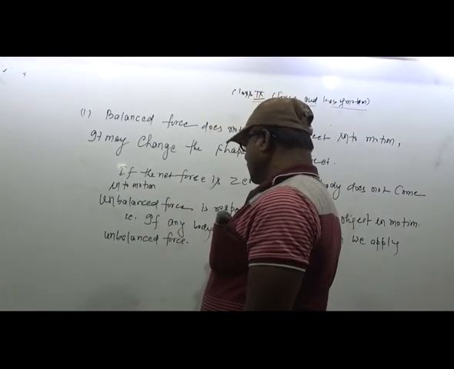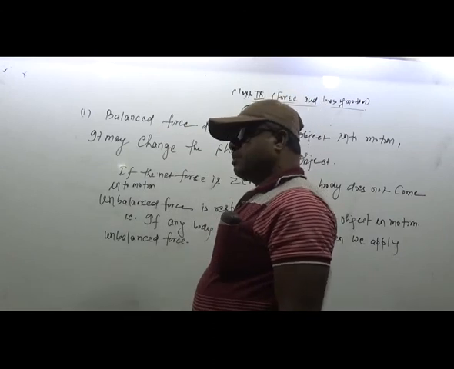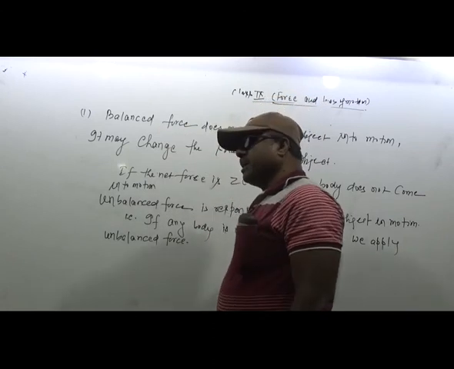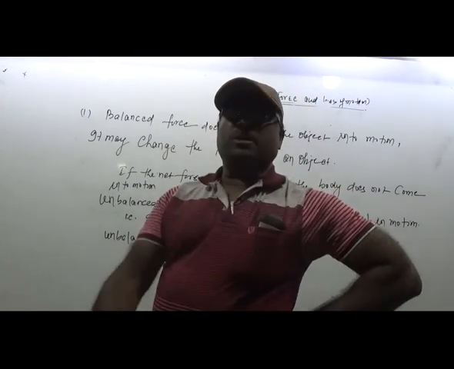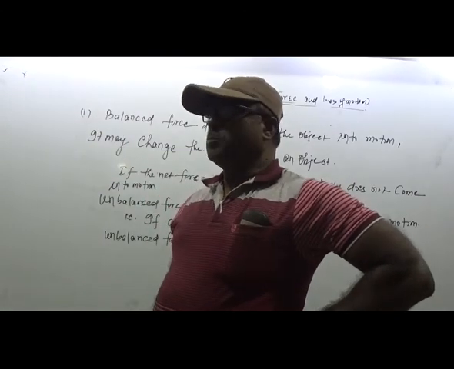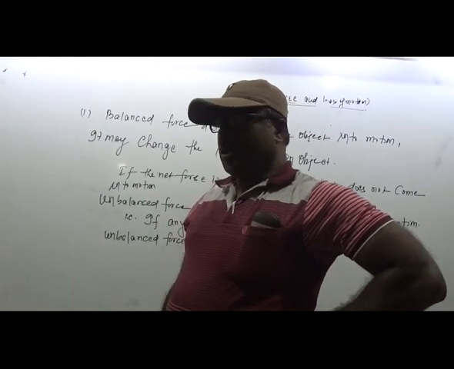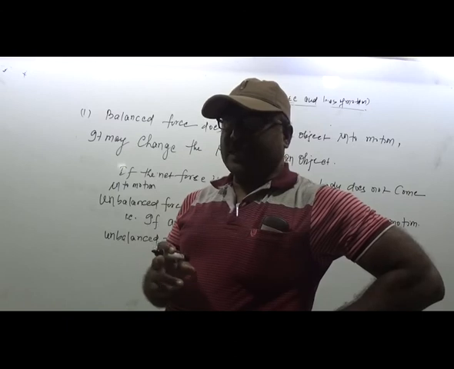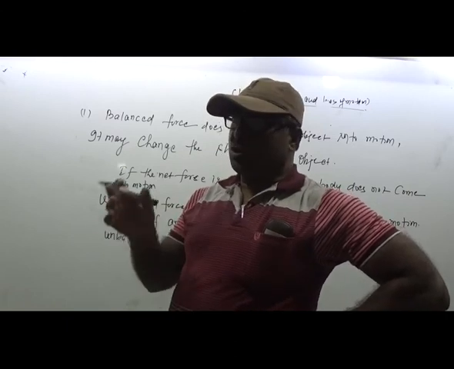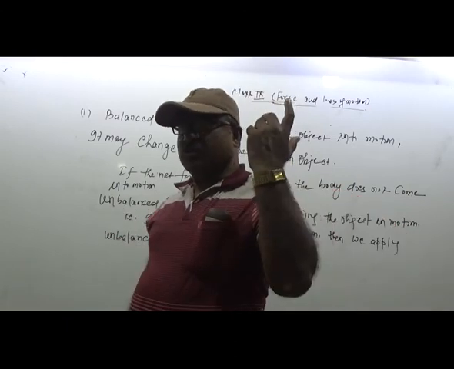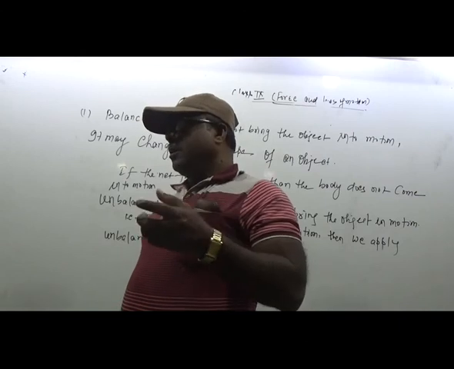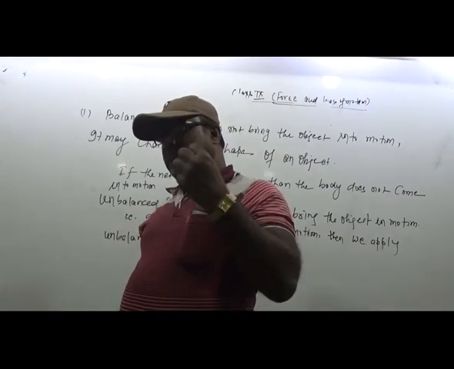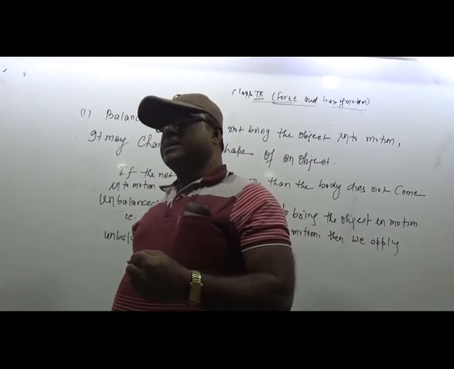In the balanced situation, net force may be zero, but here the net force is not zero. If the net force is not zero, then the object will come into motion. So always keep it in mind. It is the net force that works. You apply a simple force and you think that something is going to change. No. It is the resultant force, it is the net force that makes a matter.